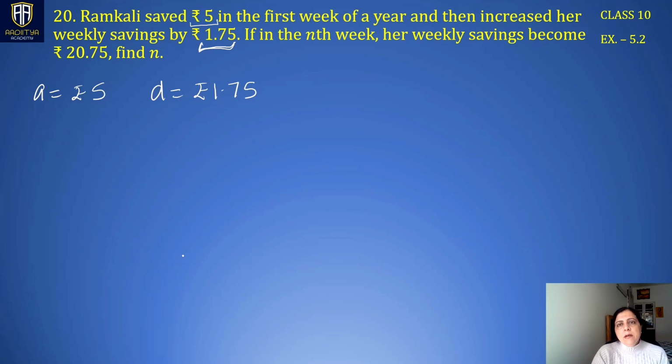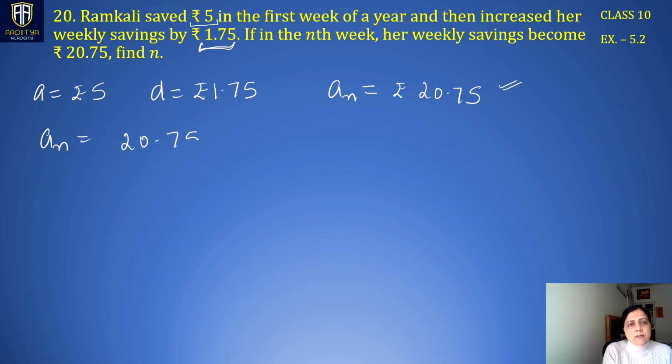If in the nth week her weekly savings becomes 20.75, that means at a particular time the value of her weekly savings is rupees 20.75. So we have to find after how many weeks she reached this point. What is the number of the week in which she is saving rupees 20.75, right? So a here is 5, an is 20.75.